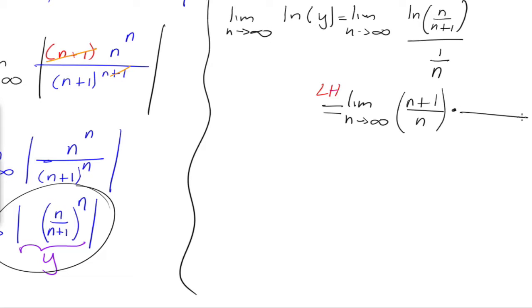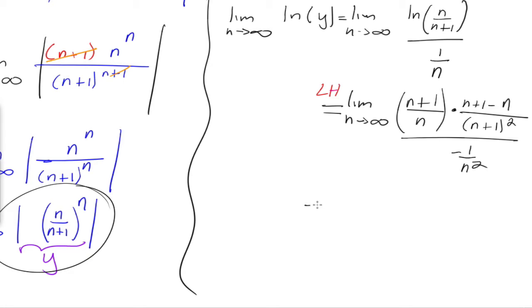So derivative of the top, which is 1 times n plus 1, minus n times the derivative of the bottom, which is 1, over n plus 1 squared, over the derivative of 1 over n, which is negative 1 over n squared, right?